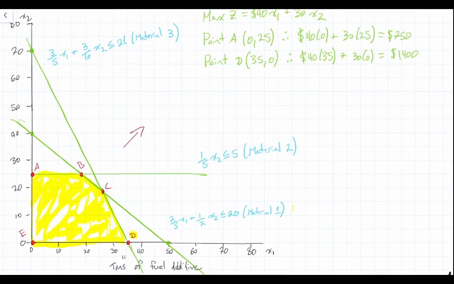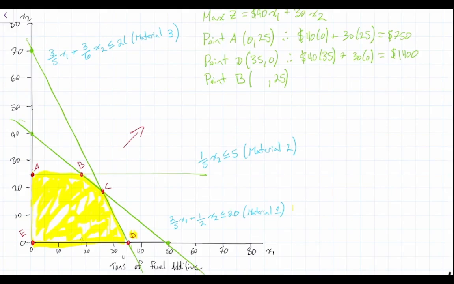And then finally, the point that we can plot with somewhat relative ease is point B, because we know point B occurs at the x2 coordinate of 25, but we don't know exactly what its x1 coordinate is.